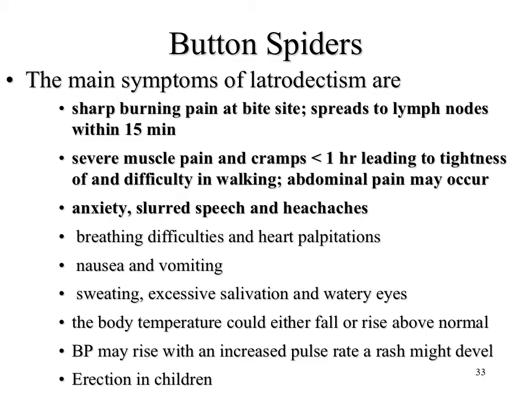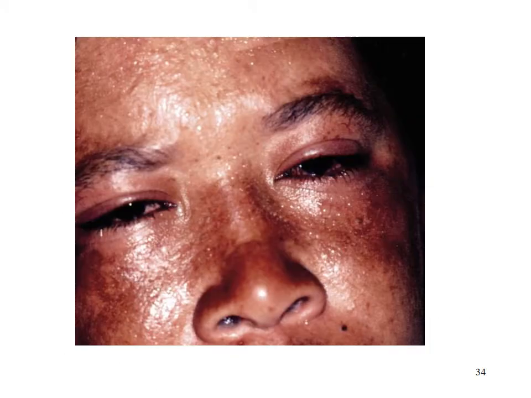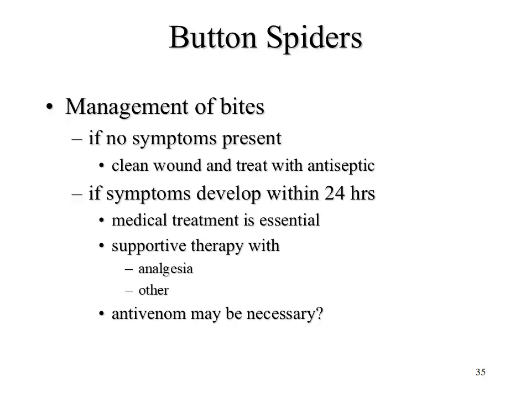Blood pressure may rise with an increased pulse rate, and a rash may develop. An interesting phenomenon is that there may be erection in children, and I think we also mentioned something like this when we talked about scorpion stings. So here are classical symptoms with the sweating, the flushing of the skin, the face is puffy. That's what you'd get with the buttons.